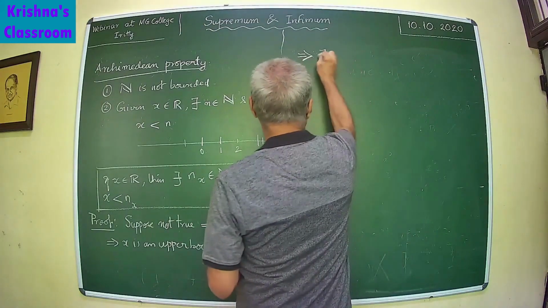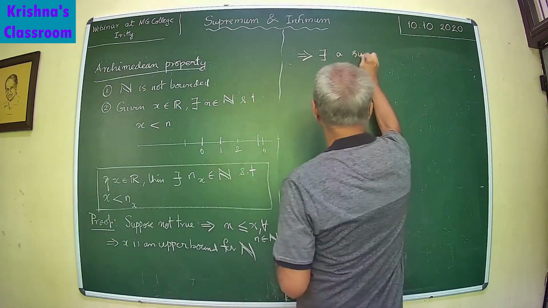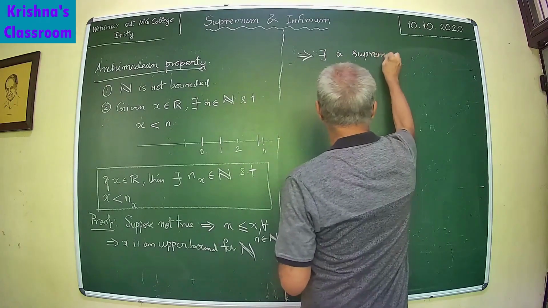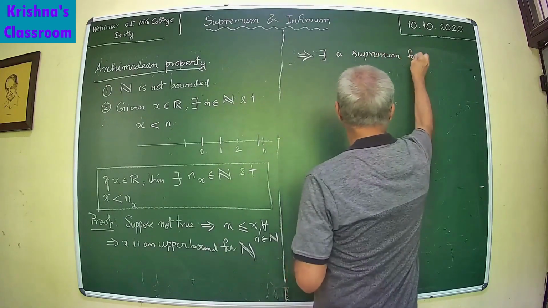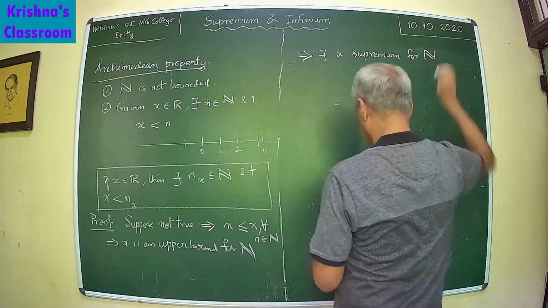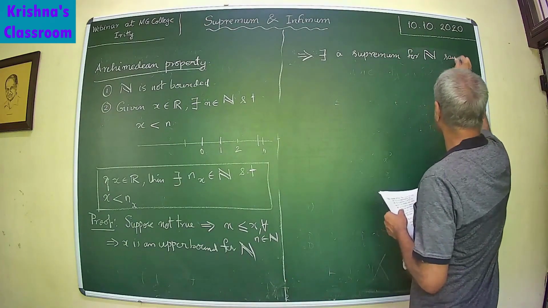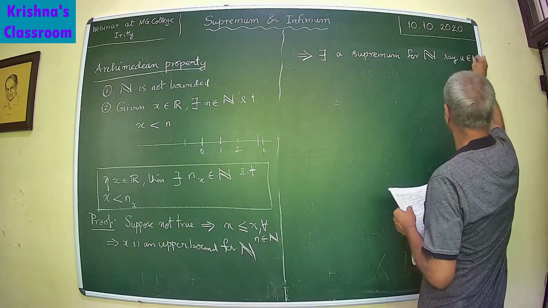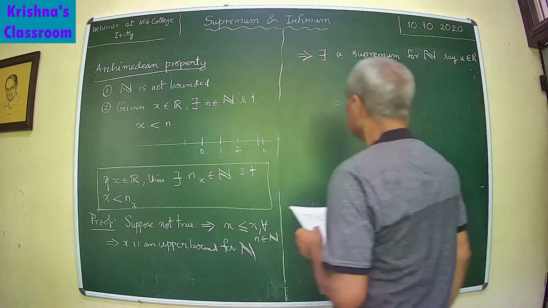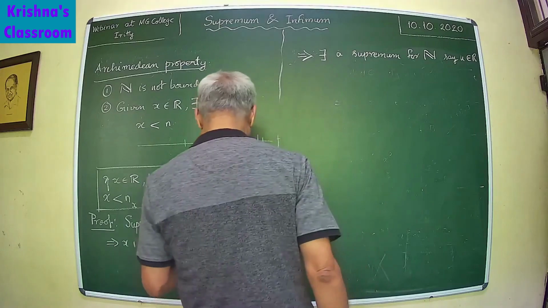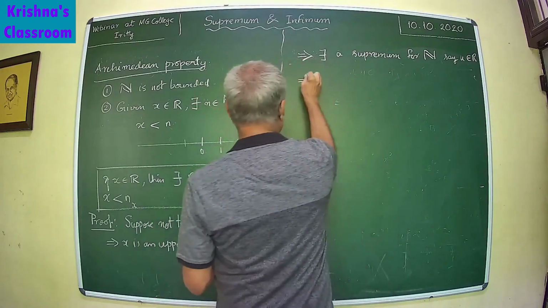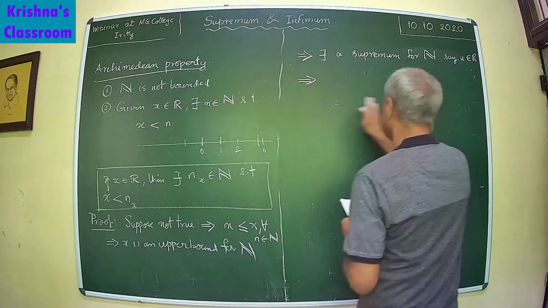So there exists a supremum for N, say u belonging to R. This implies, now you see you have come to supremum.